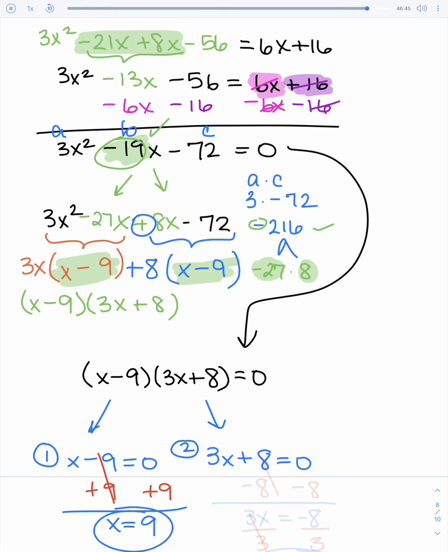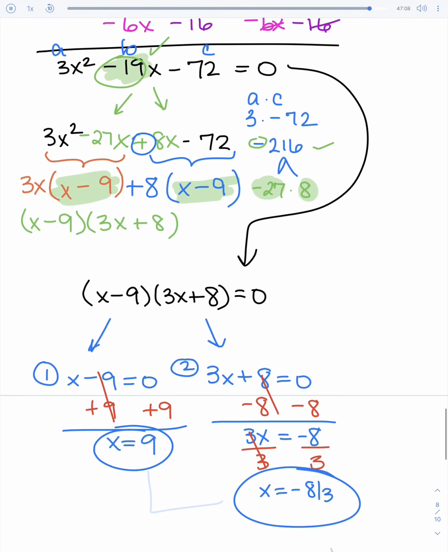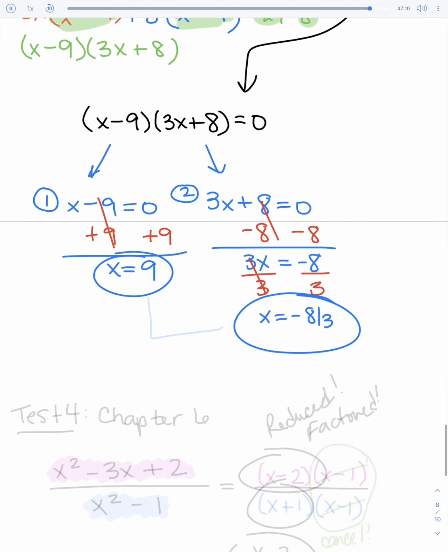On the second equation, we start off by subtracting 8 on both sides, which gives me 3x equals negative 8. Then we can divide both sides by 3, which gives me x equals negative 8/3. And we're done. So we end up with two solutions: x equals 9, and x equals negative 8/3.